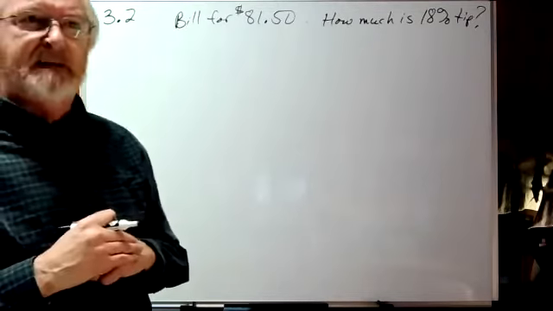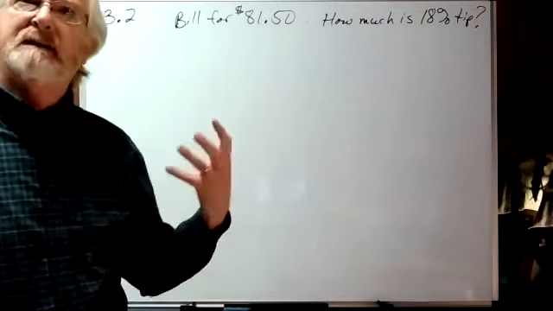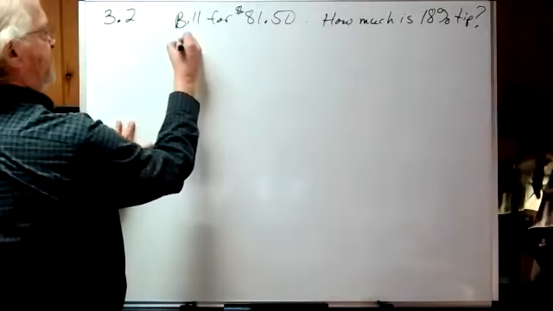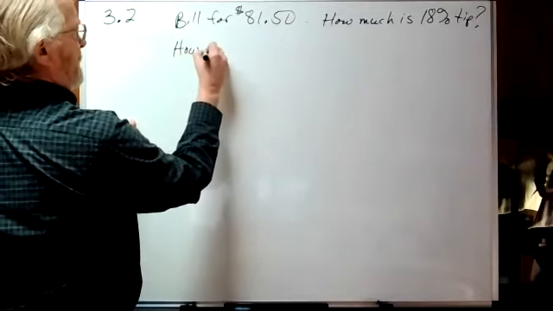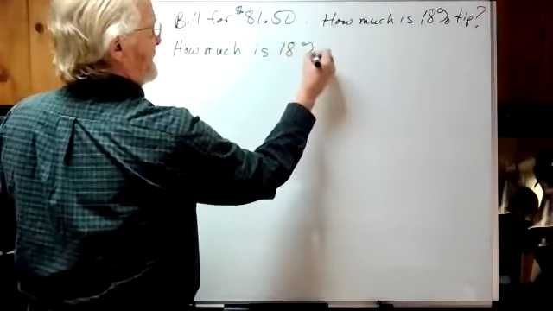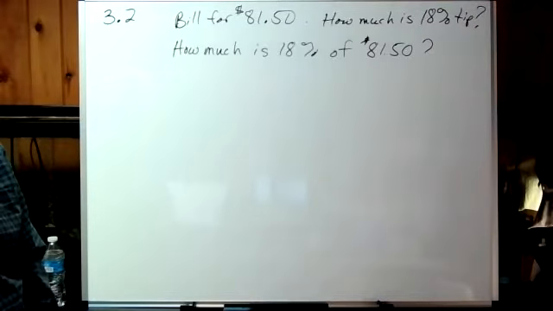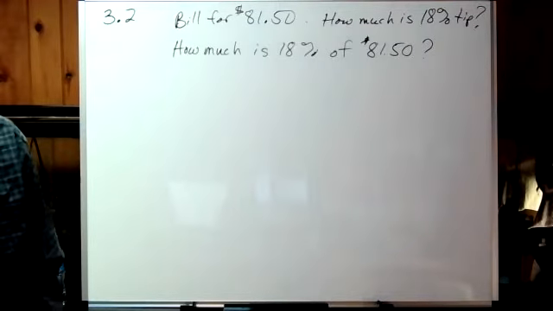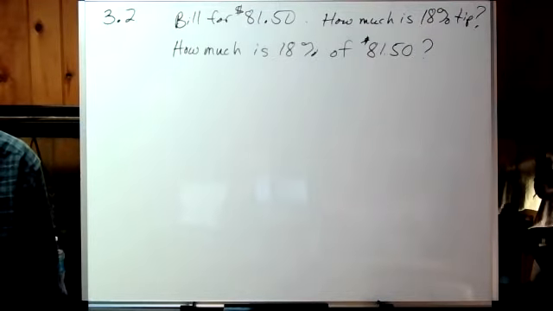I wrote it as 2 sentences. Can I rephrase it as a single sentence? How much is 18% of 81.50? There it is as one sentence that I now hopefully can translate into the corresponding equation.